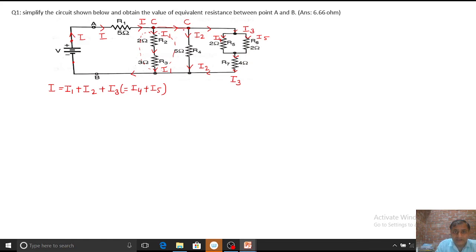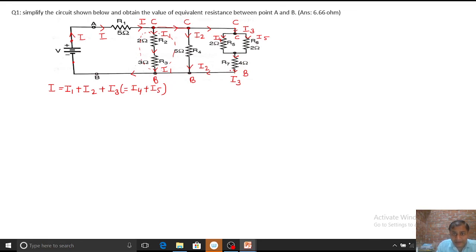There is no resistance between C and C, so it is an equipotential point. Assume that this point is B, so this point is also B point. There is no resistance between these B points.